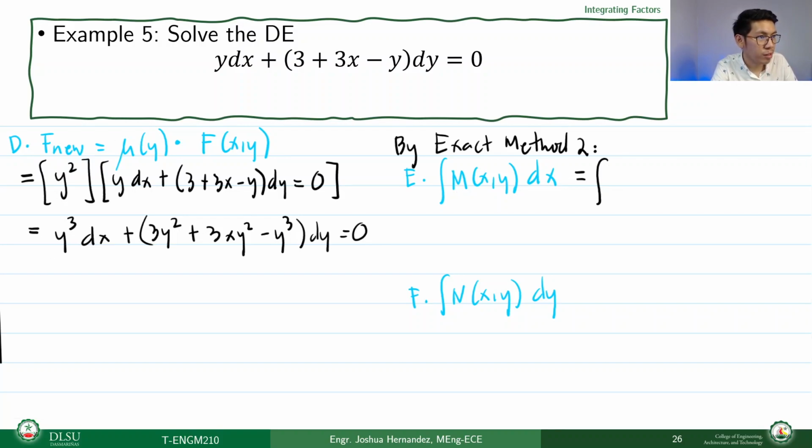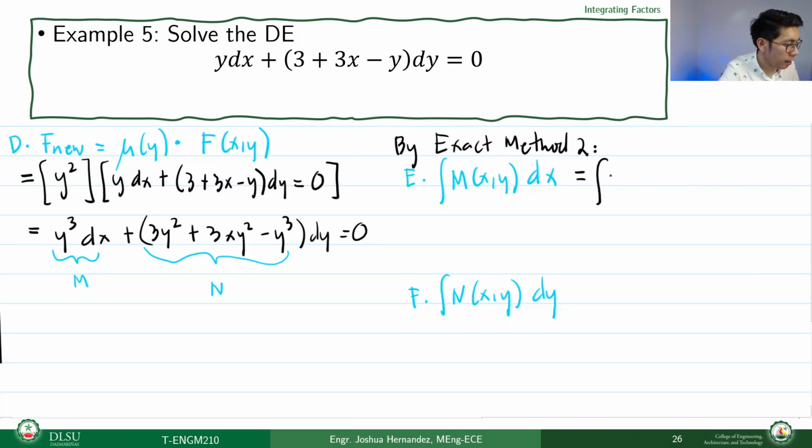case, ito. Ito yung ating M. And ito naman yung ating N. Alright. So, we have the integral of y cubed dx.